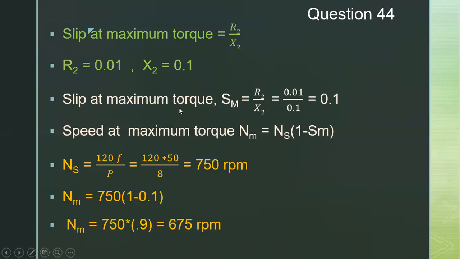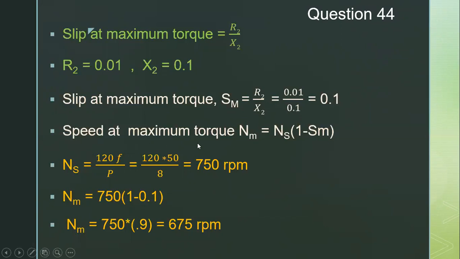So Sm will be equal to 0.01 divided by 0.1. The answer will be 0.1. So when the torque is maximum, the slip will be 0.1. We already discussed this equation in the last video.